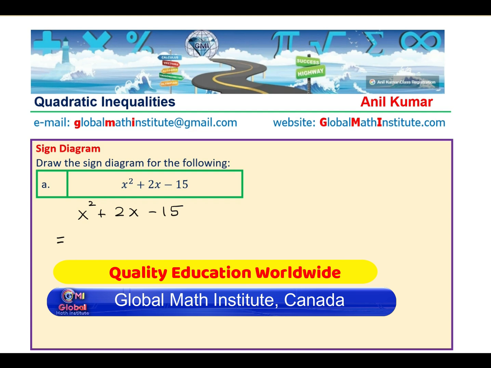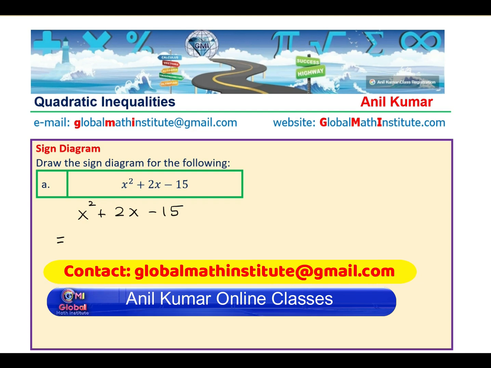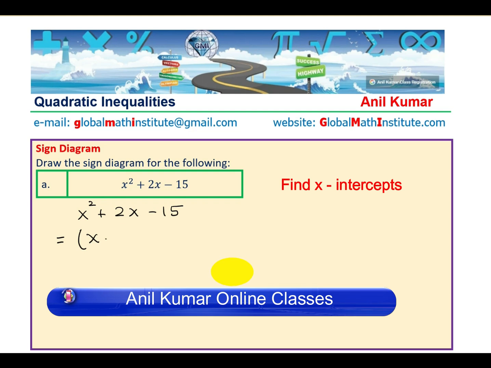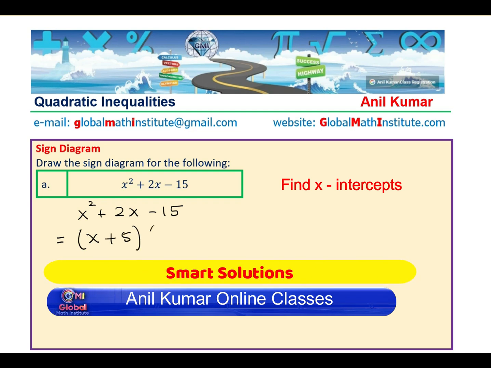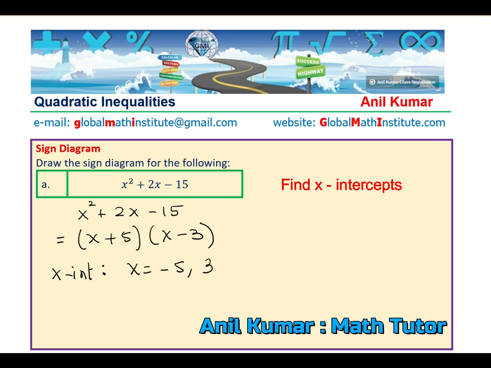Now you need to factor to find the x-intercepts. The product is -15, and we can take 5 times 3, so it can be written as (x plus 5) times (x minus 3). So where are the zeros? Zeros, meaning x-intercepts, in this case will be at x equal to -5 and at 3.